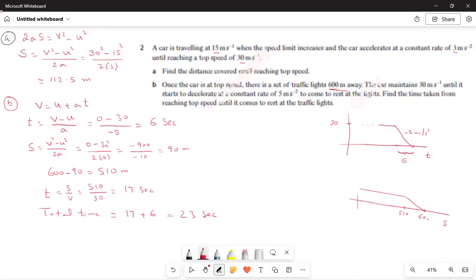So this is the 6 second period in which the car was decelerating. So the total time is 23 seconds. From the point when the lights were 600 meters away to having stopped at the lights, it took 23 seconds.